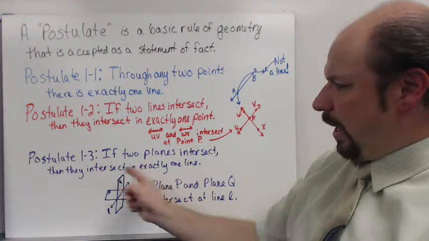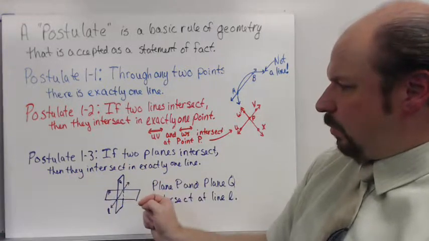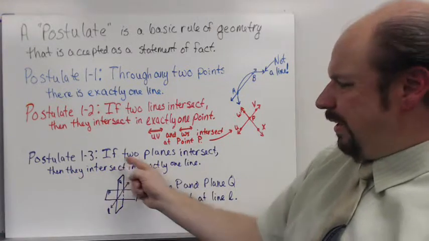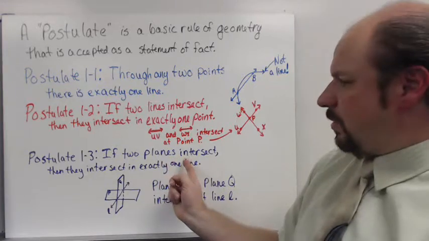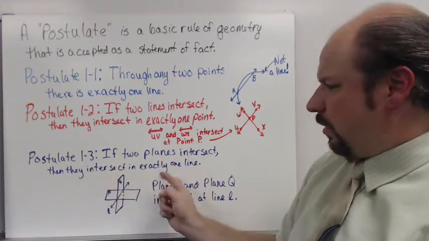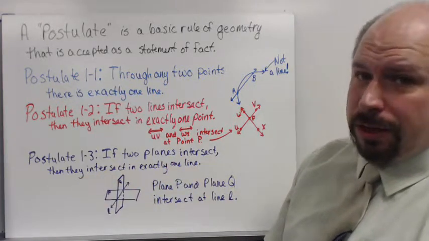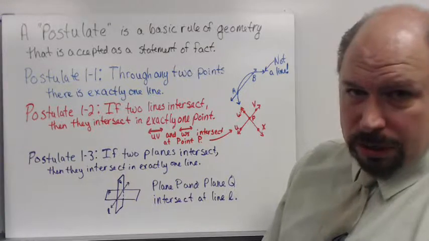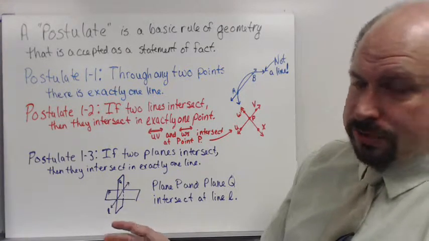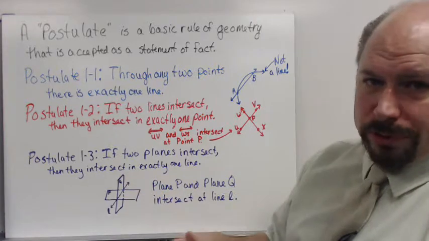So we do have to have that qualifier. If the lines intersect, then they intersect in a point. Okay, and this next one is an if-then statement as well. If 2 planes intersect, then they intersect in exactly 1 line. If we have parallel planes, they would not intersect, so they would not form that line.